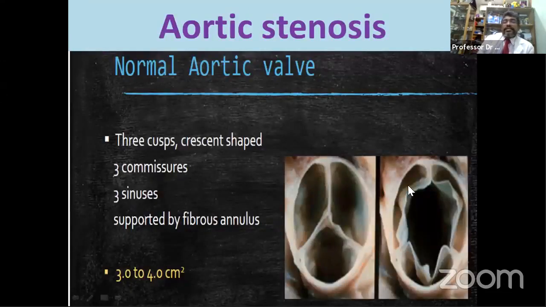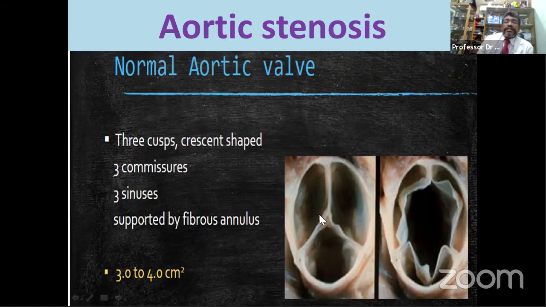Here, if we go through some basics of the aortic valve, it is a tricuspid valve. This is in diastole, with all three cusps closed, and this is the opening position of the aortic valve in systole.